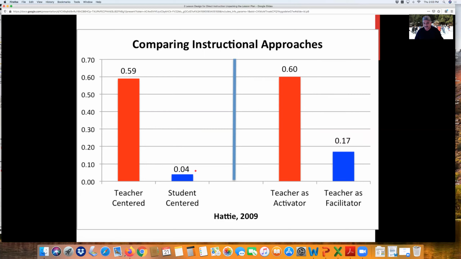So it's not to say that you shouldn't do student-centered approaches or get student interest involved, but when the teacher is very active in the learning, just like in this part of the chart, you can see that when the teacher is the activator, even versus teacher as facilitator, you can see the gains that kids make in their academic achievement.